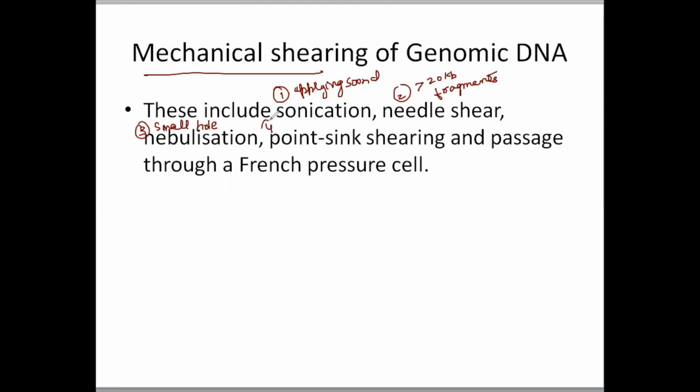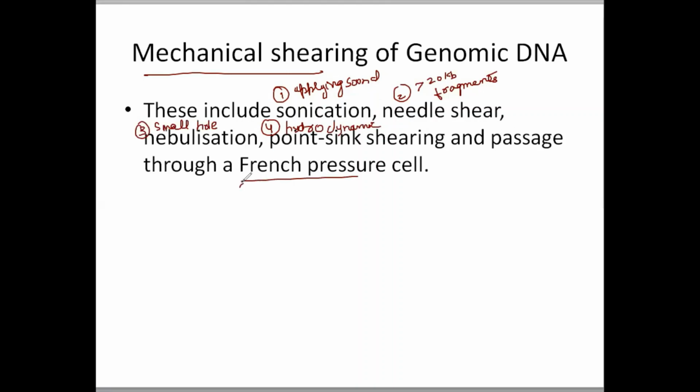Next, you have point sink shearing, in which you are using hydrodynamic pressure. Hydro, as you all know, means water. So here we are using hydrodynamic pressure to create small fragments of DNA.